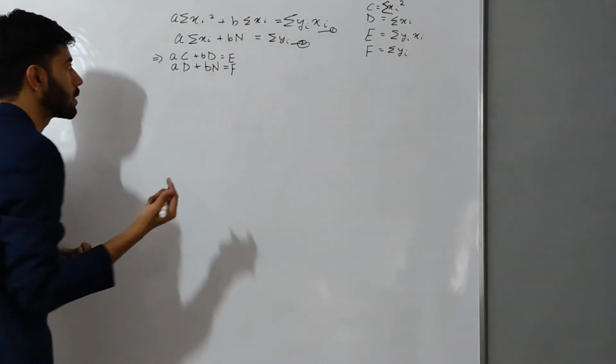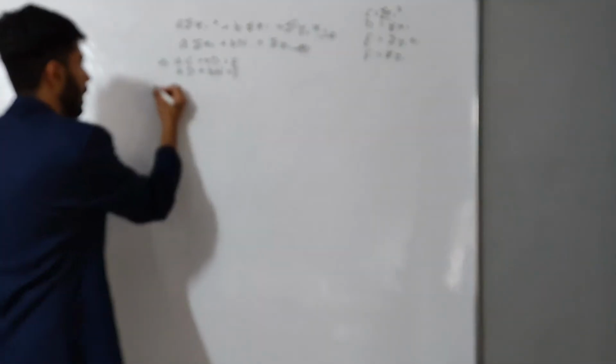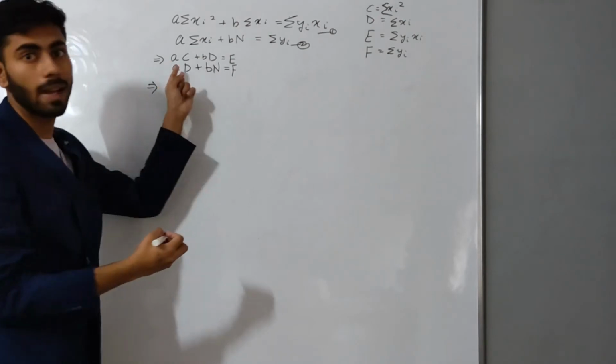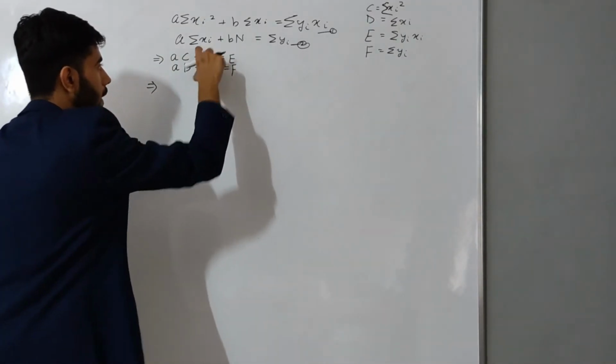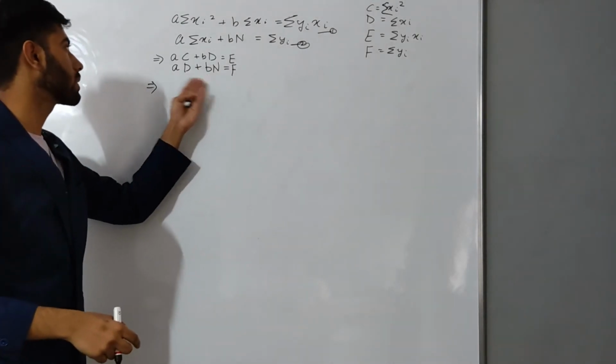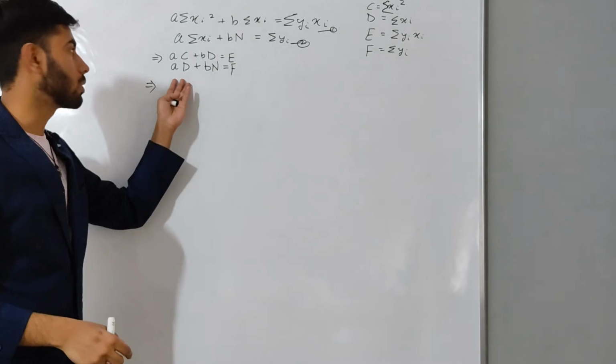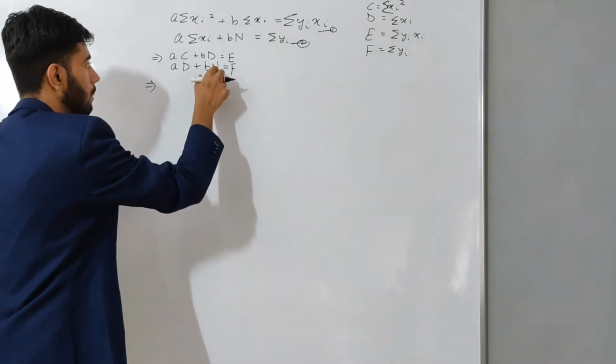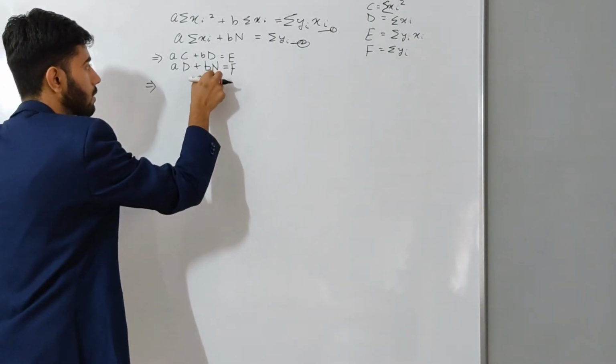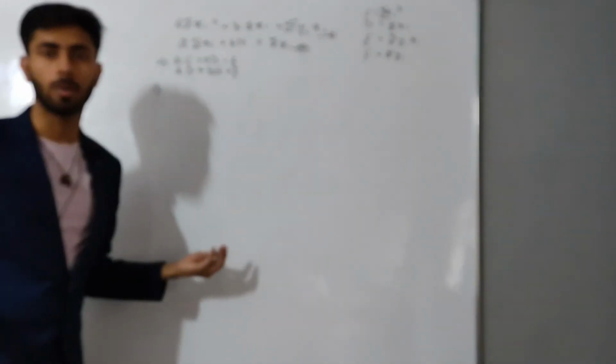Now, as you can see, I have to find the values of a and b. So first of all, let's try to find the value of b. In order to find the value of b, I have to eliminate the term containing a, so that only the term containing b as coefficient remains, and I can find the value of b.